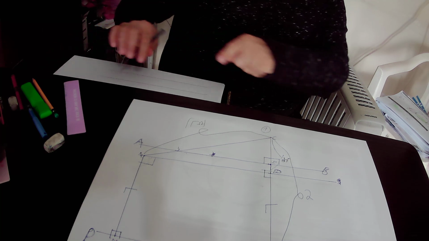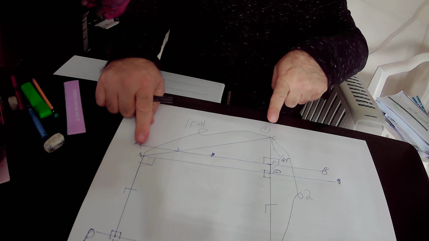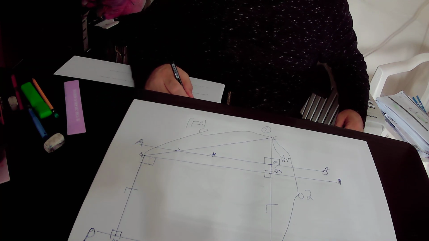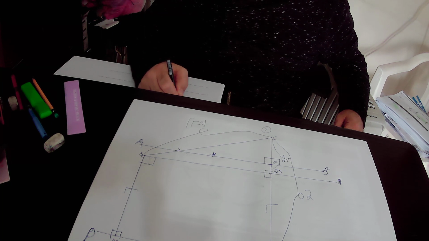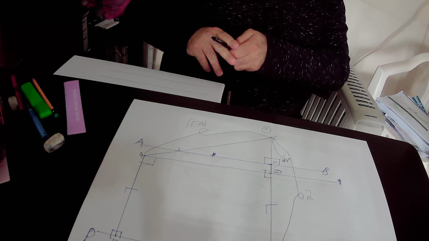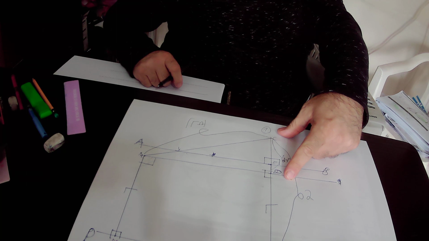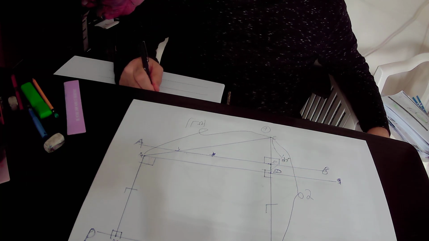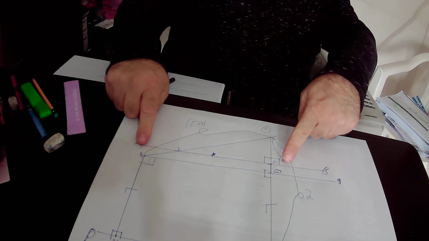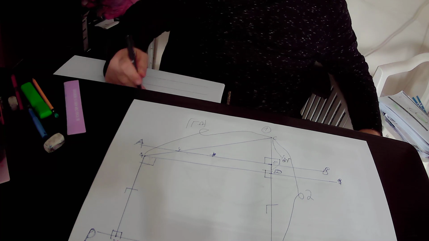And the hypotenuse in the right triangle CDM is CM. So the square of the hypotenuse is CM square, and it equals CD square plus MD square.